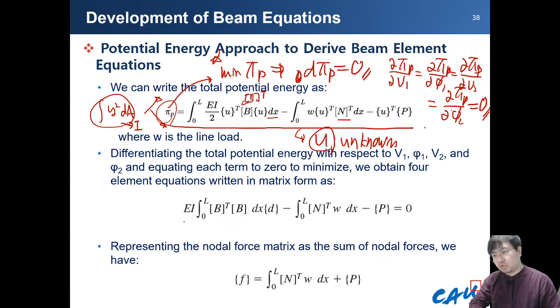Using that way, in matrix form we can say that this potential in vector form equals 0.